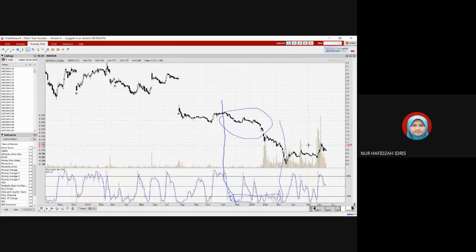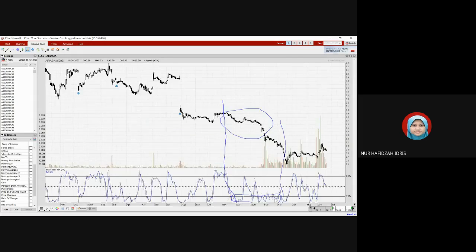Okay. So what you can do, you boleh counter back, you kata, from the time period, masa you tengok, katalah you ambil period awal 2019.